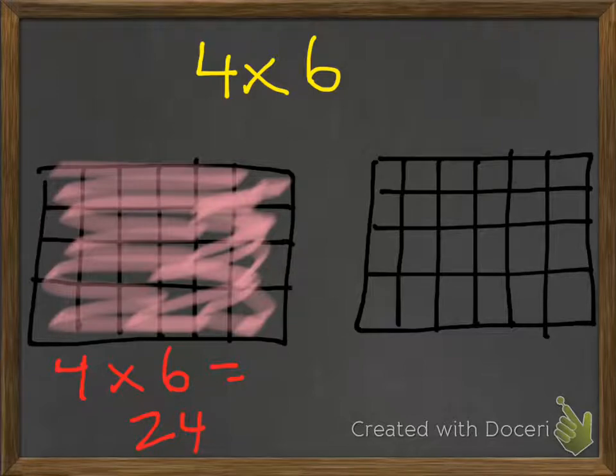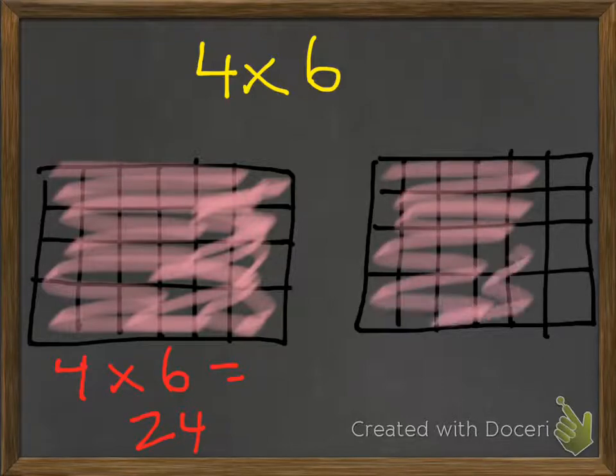Pretty easy there. But let's go ahead and shade this one a little differently. We're going to shade in just these together. And then we're going to color this part right here. And this is what we come up with.